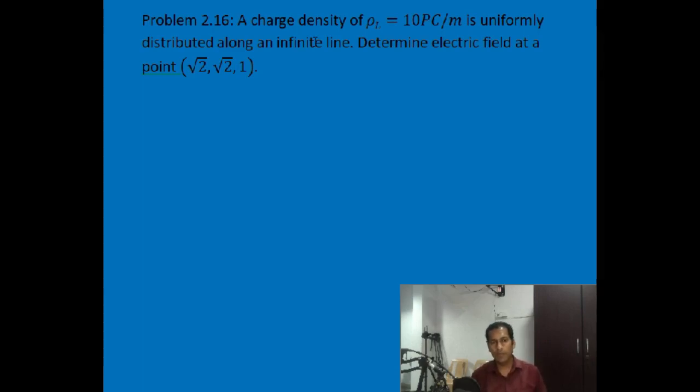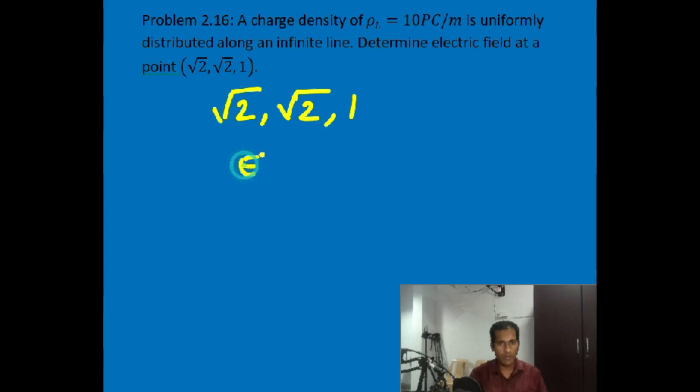It is uniformly distributed along an infinite line, and we have to determine the electric field at point root 2, root 2, 1. So let us solve this. What is given here? The given point is root 2, root 2, 1.